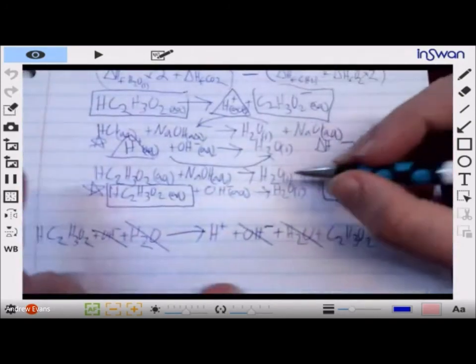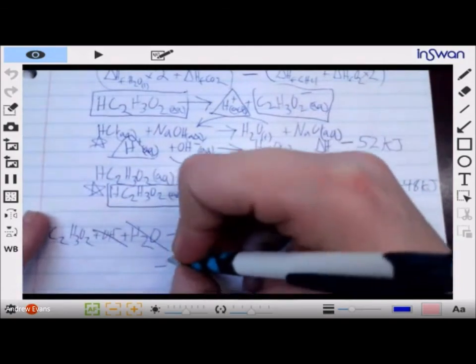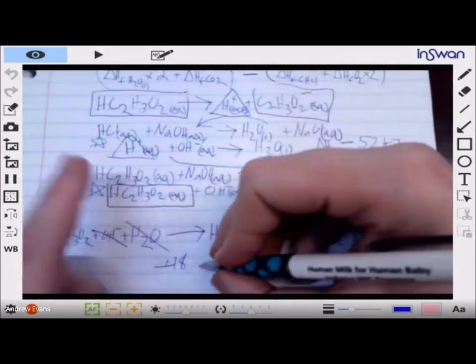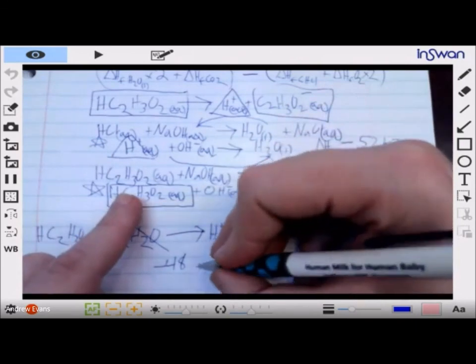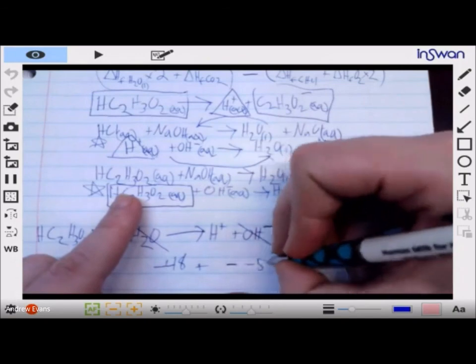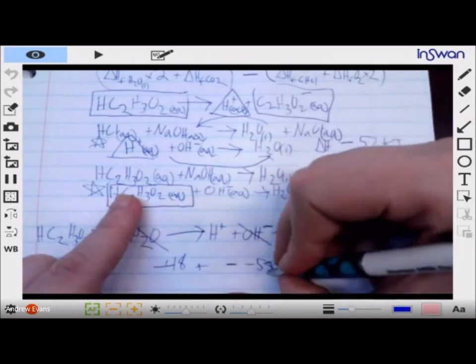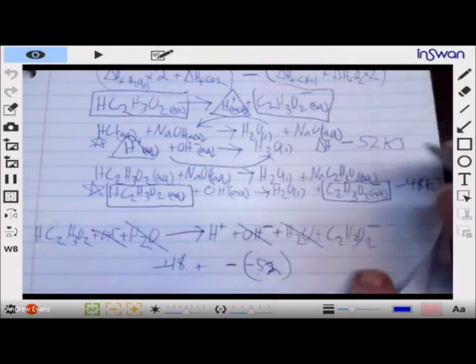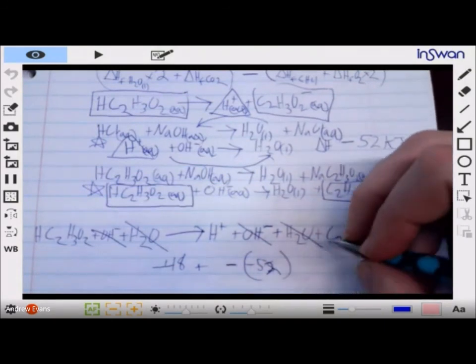I added our negative 48 to the flipped negative 52. When I flipped it, I flipped the sign, so it becomes positive 52.